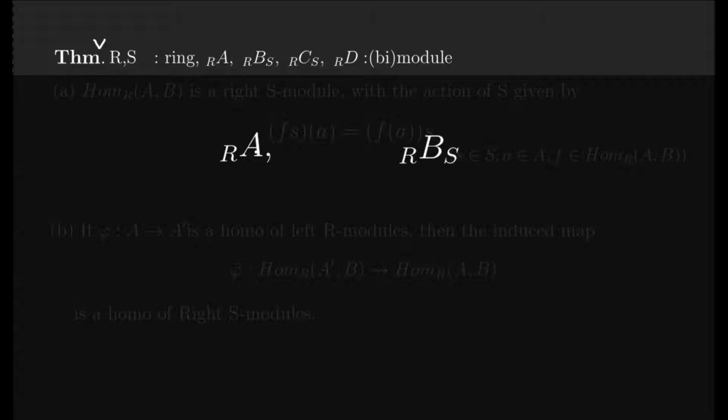If R-A is given, then A is a left R-module. And if R-B-S is given, then B is an R-S bimodule.